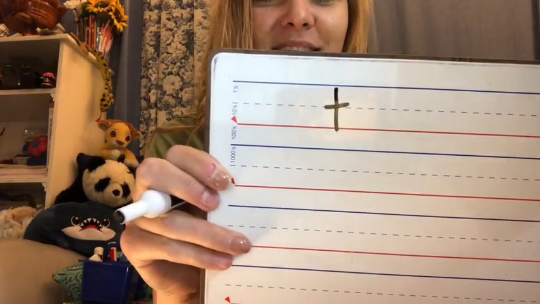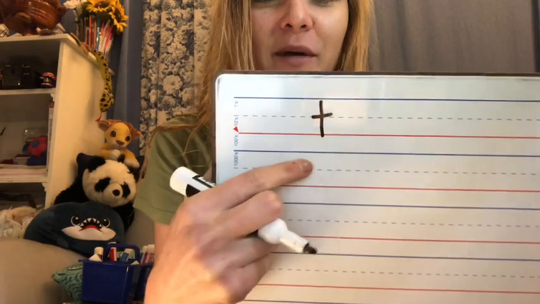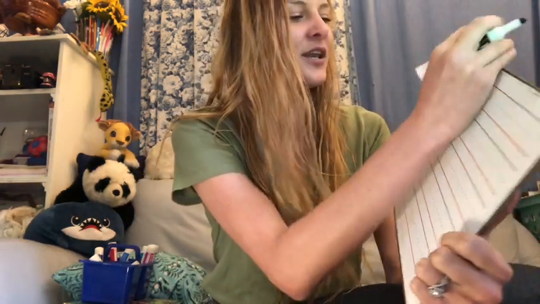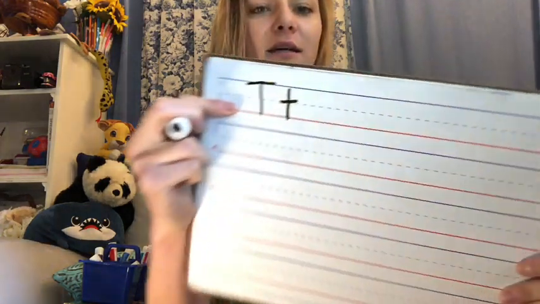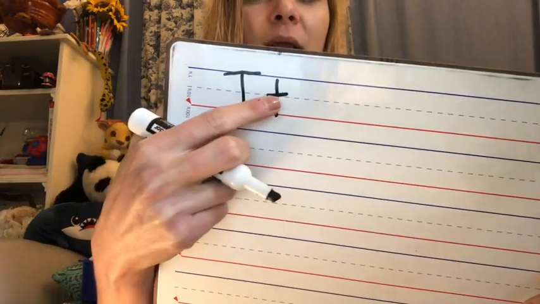For the next letter, it is T, lowercase letter T, like this. Now remember, with lowercase letter T, it's not uppercase, so the line that we cross goes in the middle. It goes on that dotted line if you see this, okay?